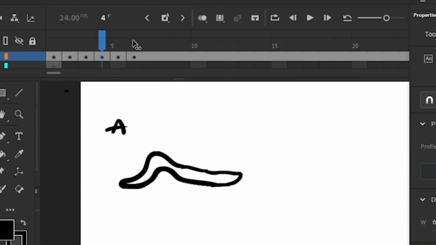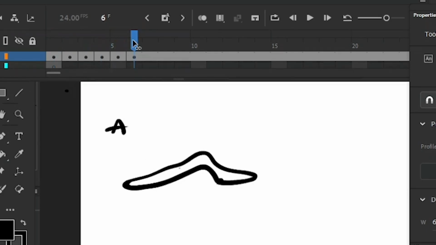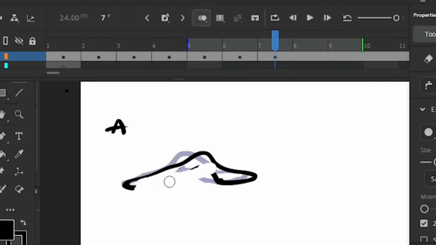I'm sure you're following now. This is the worm stretching out, moving. So we go to the next keyframe, the 7th keyframe. We take our keyframe, we turn on our onion skin, and there we go again.